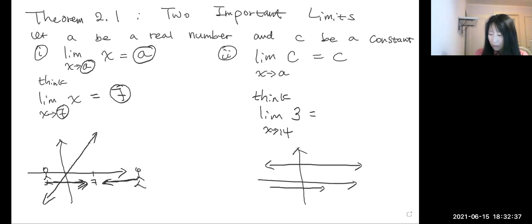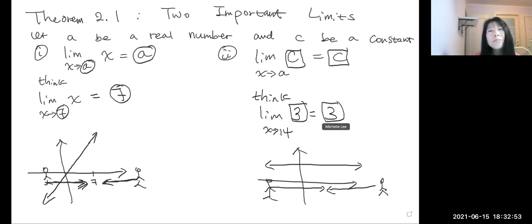From the right, what do you get? It's 3 as well. Can you see? They match the constant C, right? So 3, 3. Is it clear? Yes, thank you.